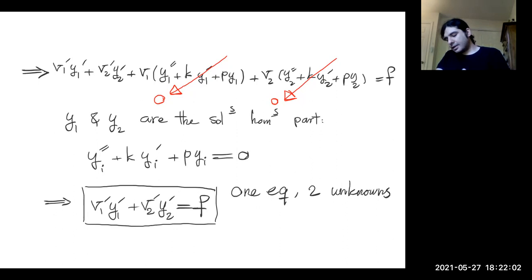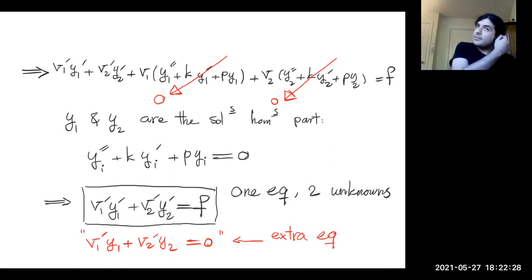So in general, as I told you, we want to add an extra equation. We just add that. The extra equation we would add, and we hope it would be a good one, is this one: v1 prime y1 plus v2 prime y2 equals 0.